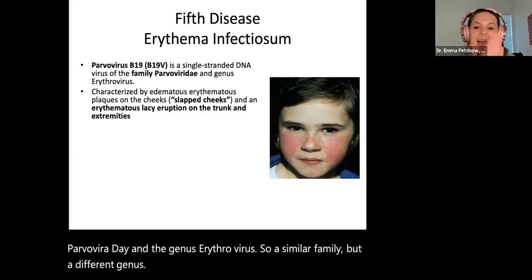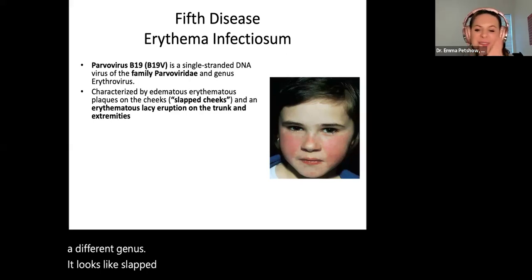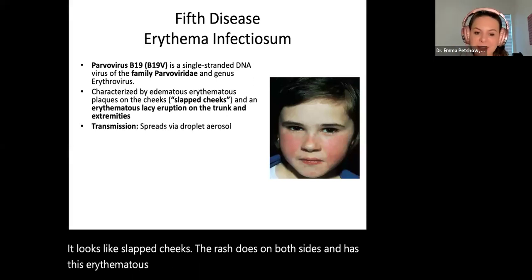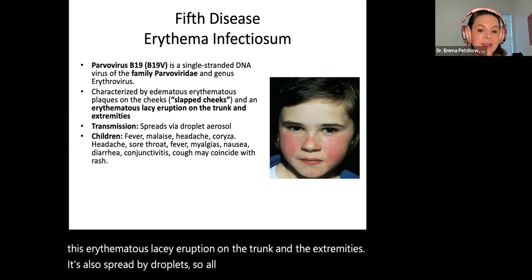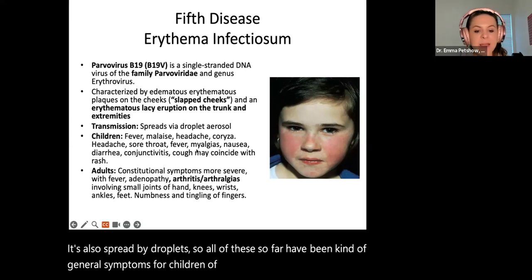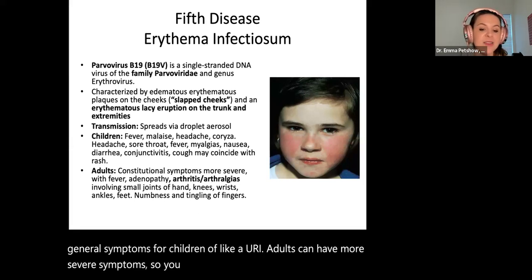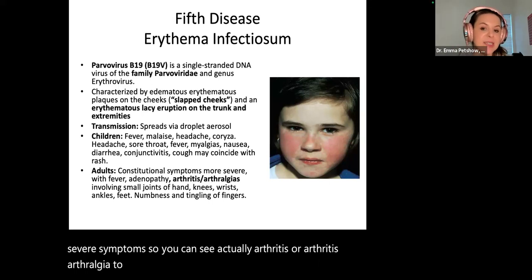The rash looks like slapped cheeks, on both sides, and has an erythematous lacy eruption on the trunk and the extremities. It's also spread by droplets, so all of these so far have been. Kind of general symptoms for children of like a URI. Adults could have more severe symptoms, so you could actually see arthritis or arthralgia in smaller joints, even numbness or tingling of fingers.